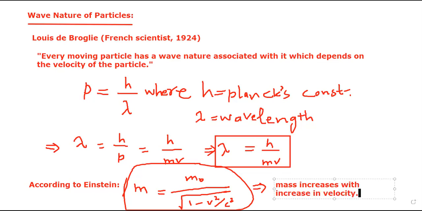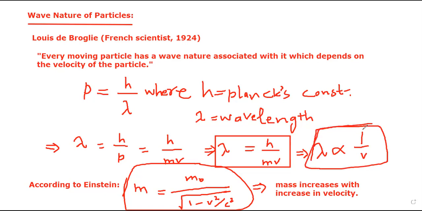On the other hand, de Broglie is saying that the wavelength is also related to the velocity, and it is inversely proportional to the velocity. When we take Planck's constant and mass to be constant, the wavelength will be inversely proportional to the velocity. So this is an important fact.